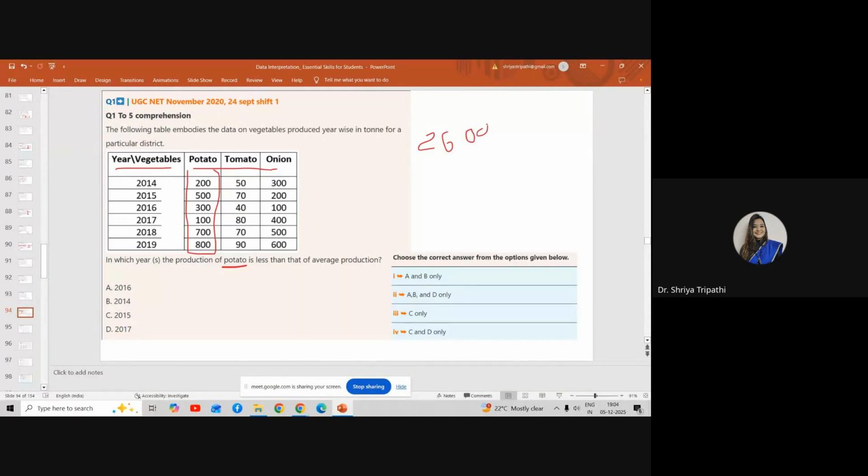2600 divided by how many years we have? 6. What's the answer for this? 6 fours are 24.